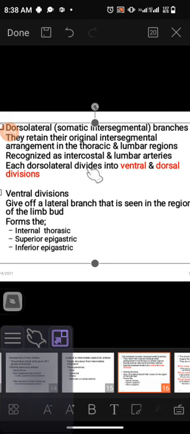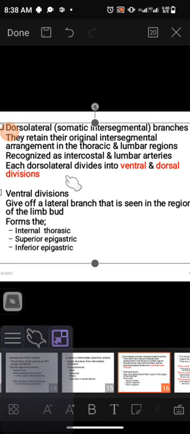When you have intercostal, costa is rib, inter is between ribs. So these arteries, dorsolateral, are found in the dorsal back, laterally away from the midline. Okay, dorsolateral arteries, intercostal, and they divide into ventral and dorsal portions.